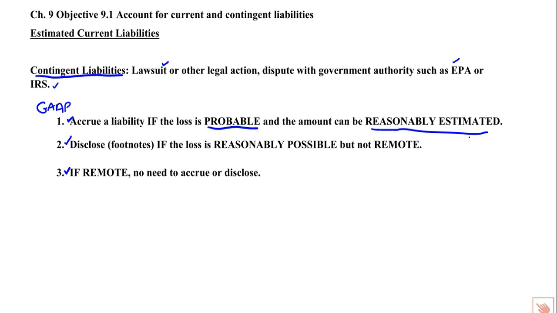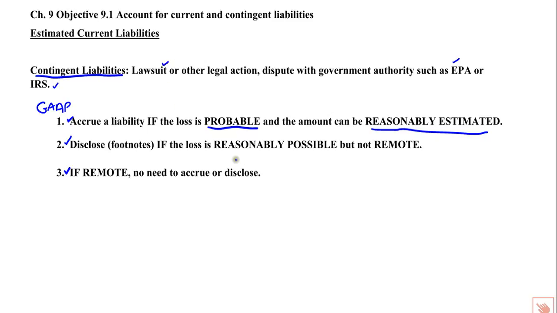Since we have to rely on these financial statements, they have to be faithfully represented, so if you can't come up with a reasonable estimate, you're not going to recognize a liability. If you have estimates that vary from 0 to 10 billion, and you're not quite sure how to put any probability on one part or the other, but you know there's some probable loss, you can't estimate it, so you won't accrue it, you'll just disclose it.